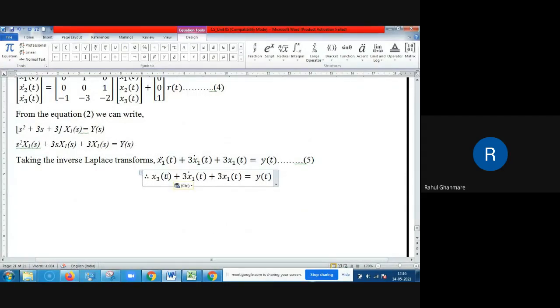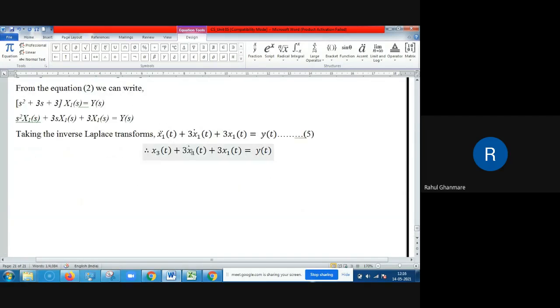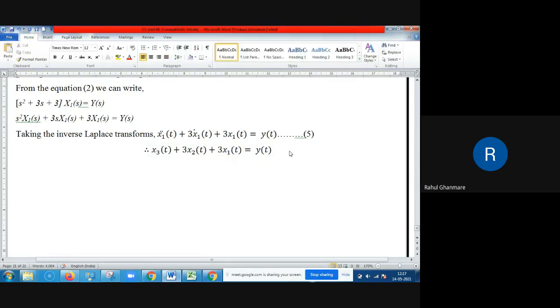So this is now x dot of 1, which is equals to x2 of t, and this term is as it is.